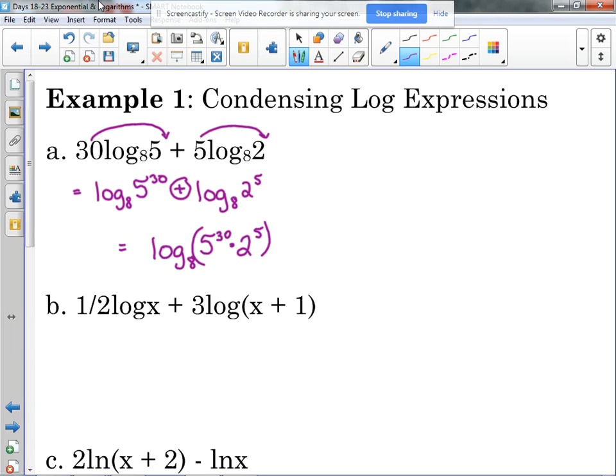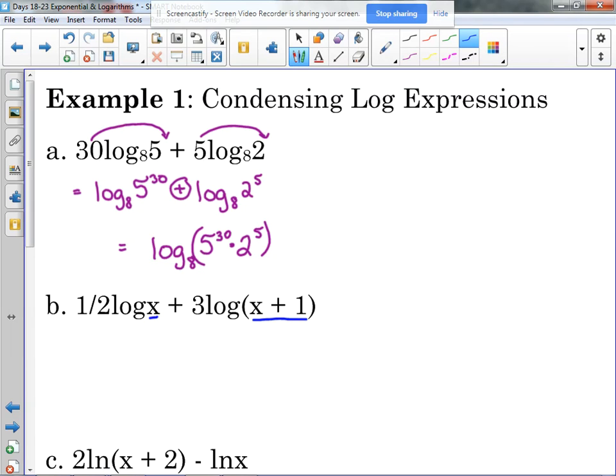We can also do it with variable expressions. So B, we have 1/2 log of x plus 3 log of x plus 1. Dealing with a common log here, there's no base, so it's understood to be 10. Again, if that was the exact same log expression, if both of these were just x, or if both of them were x plus 1, then we could just add them together.